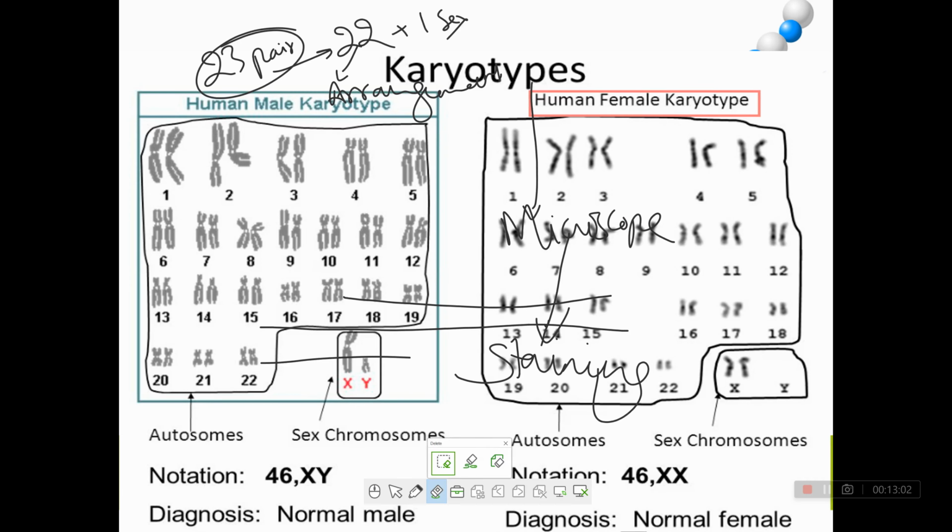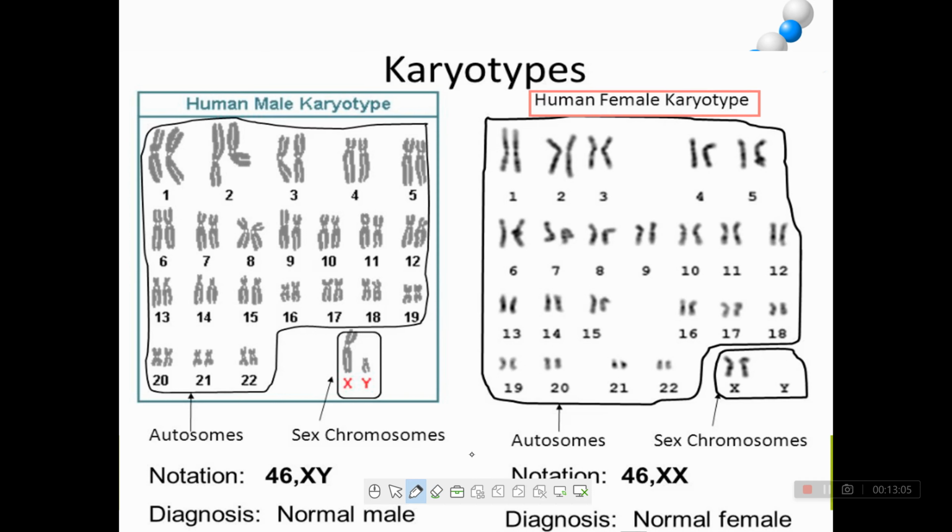Here is the process of karyotyping. See, this is a karyotype. This is a human male karyotype. This is a human female karyotype. The 22 pairs of chromosomes are the same in both, and the last pair, the sex chromosome, is different in male and female.